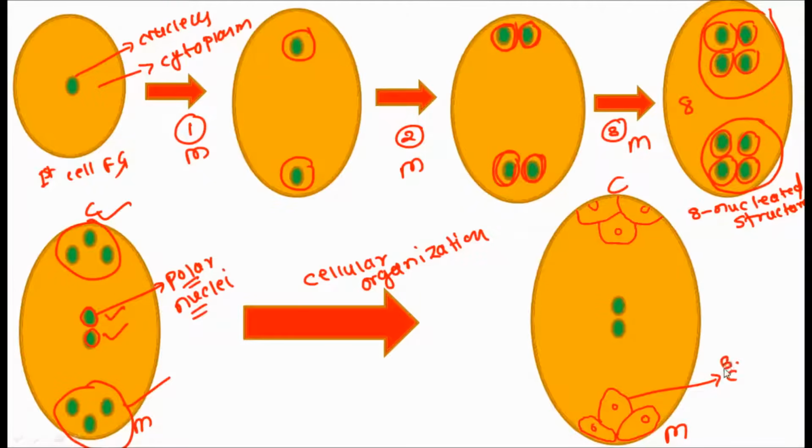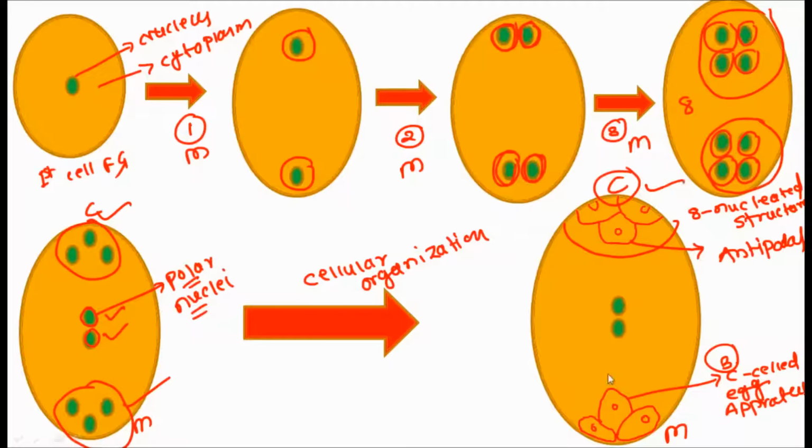The three-celled egg apparatus is formed at the micropylar end, while the three antipodal cells are concentrated at the chalazal end, while two polar nuclei remain at the center. Alright, so this is how the end structure is created.